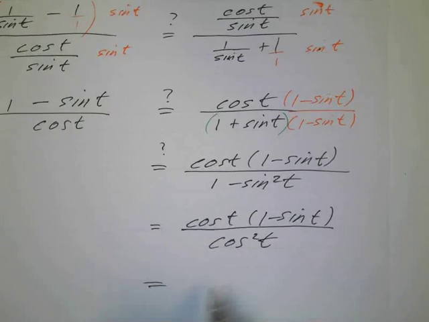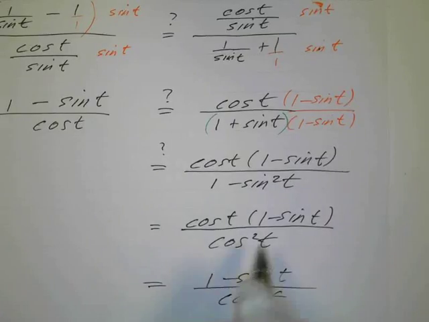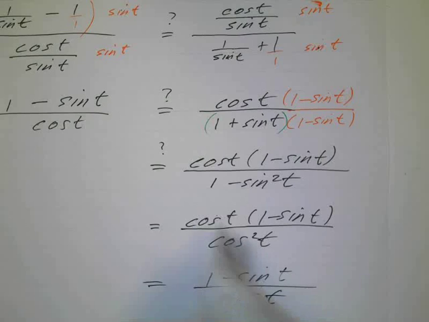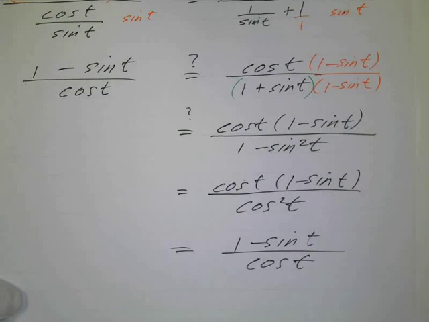One of these cancels, so now this is going to be 1 minus the sine of t all over cosine of t. Because that's squared. Remember, x over x squared is just 1 over x. So these cancel. This is like the cosine times the cosine, so it cancels. And that's what I've got.